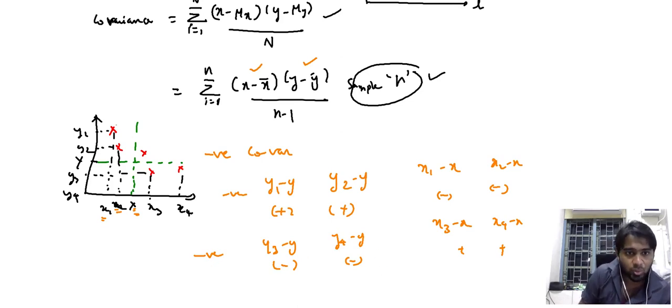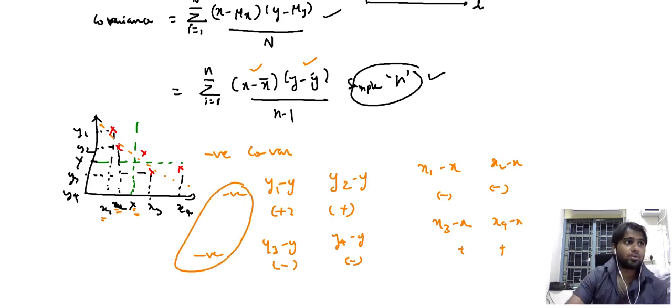So in these quadrants, the difference in x will give me negative values, and in these quadrants the difference in y will give me negative values, but cumulatively what I end up having is a negative slope. So despite having the expression for the covariance, we are able to recover the trend in the distribution of these data points.